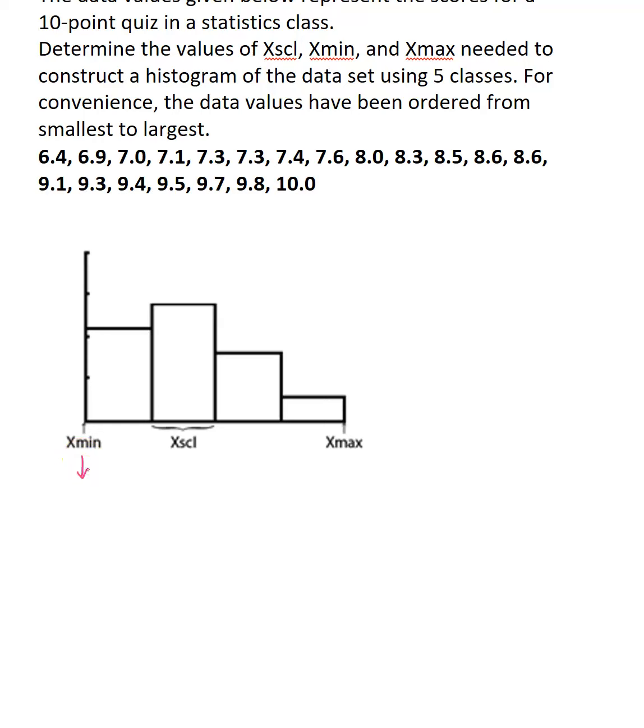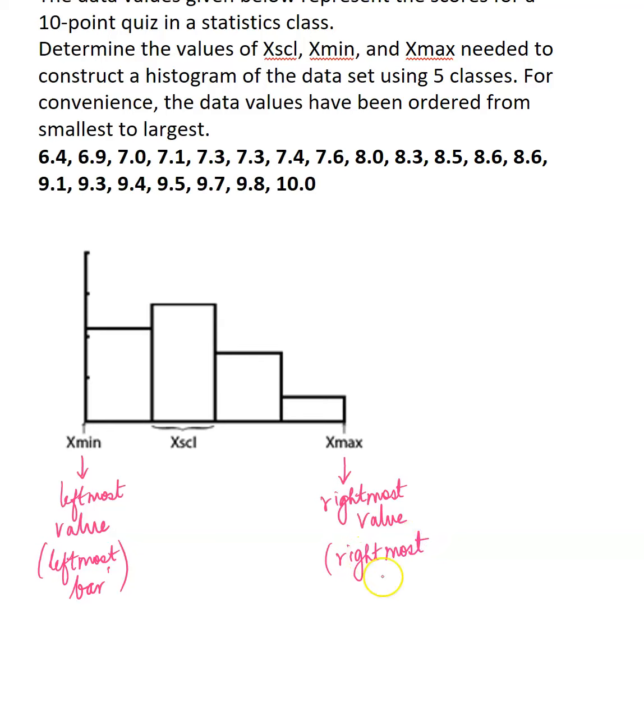X min would be the leftmost value, and the leftmost value is usually represented by the leftmost bar. Meaning that will be your first class, and X max will be the rightmost value, and that's represented by your rightmost bar or the last class.